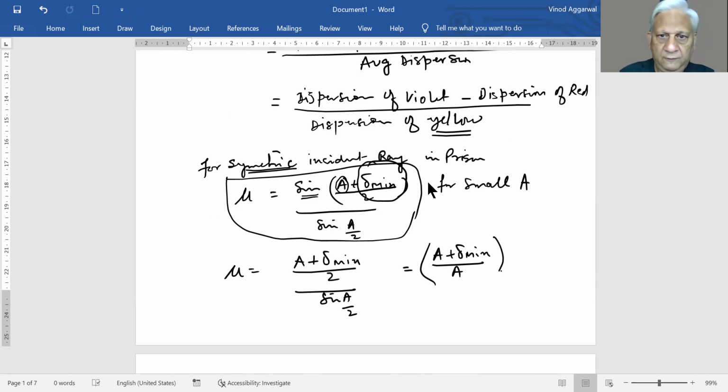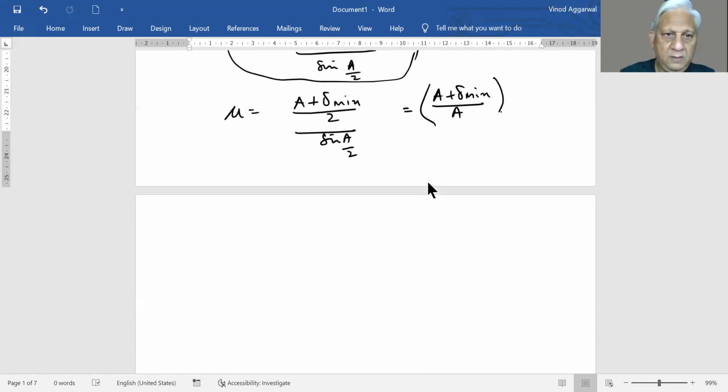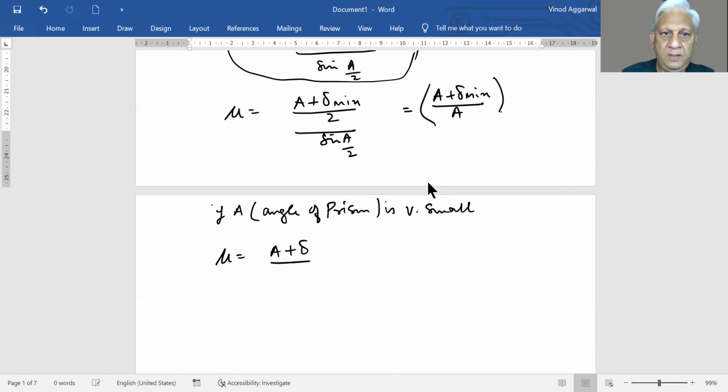Now if our angle A, which is also called angle of prism or simply prism angle, is very small, in that case, we can write mu as A plus delta over A. Now we are not bothered whether this will be minimum or not, because when prism angle is very small, this delta itself is very small.